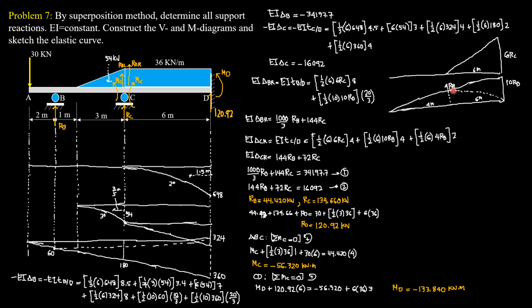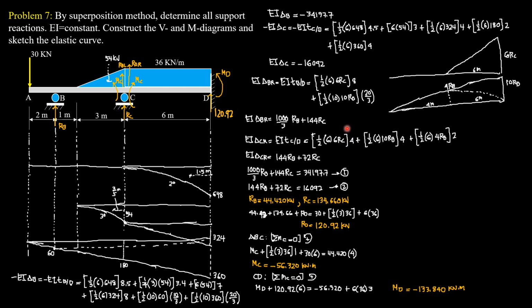Then for this entire triangle, the area is 1/2 of 10 times 10 RB, and the distance of the centroid from B is 2/3 of 10, 20 over 3. So computing EI delta B due to the reaction is 1000 over 3 RB plus 144 R sub C.